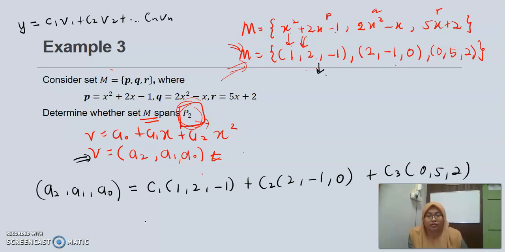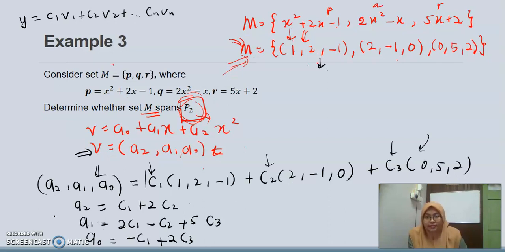Okay, now to know whether we can write this as a linear combination, you must be able to find the value of C1, C2, and C3. Okay, so how to find the C1, C2, and C3? Next step is to transform these into linear equations. So you will get something like this here. So this is a system of linear equations.